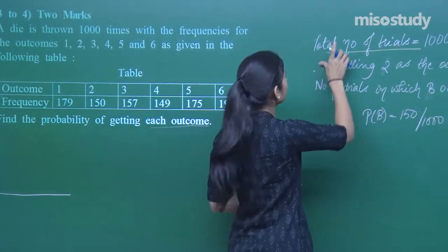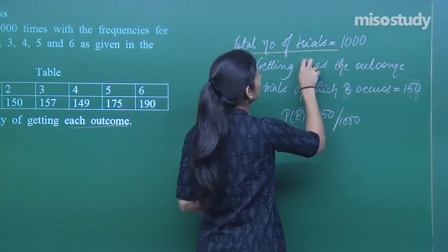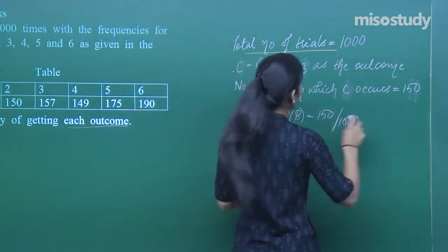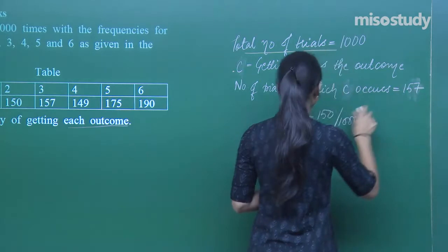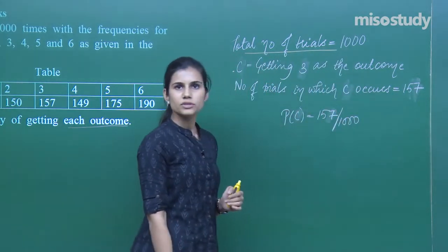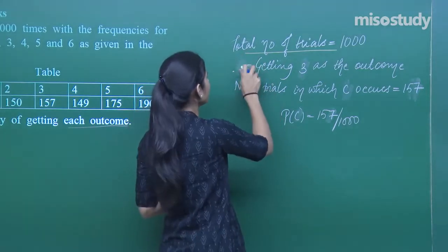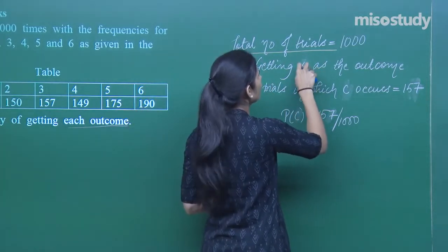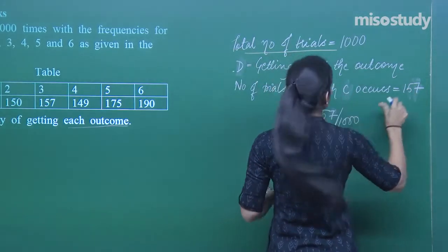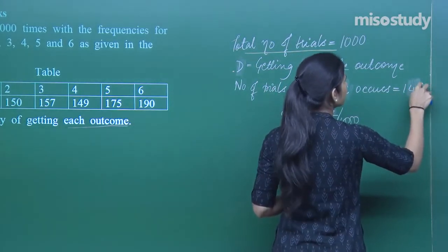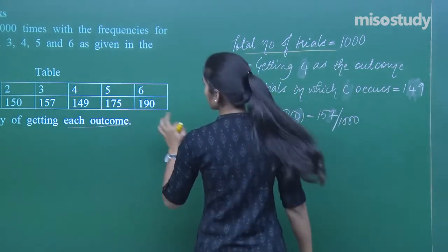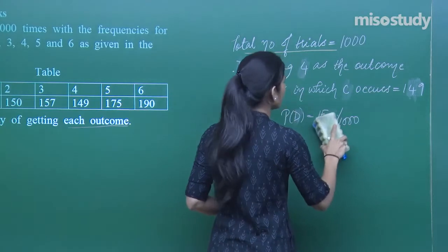If I define my event C as getting 3 as the outcome, the number of trials in which event C occurs is 157, and therefore the probability of occurrence of event C is 157 upon 1000. Exactly in a similar fashion, if D is getting 4 as the outcome, the number of trials in which event D occurs is 149, and therefore the probability of event D is 149 upon 1000.